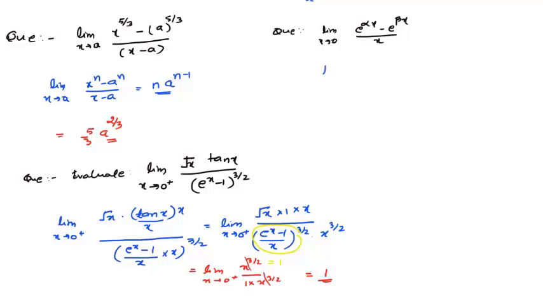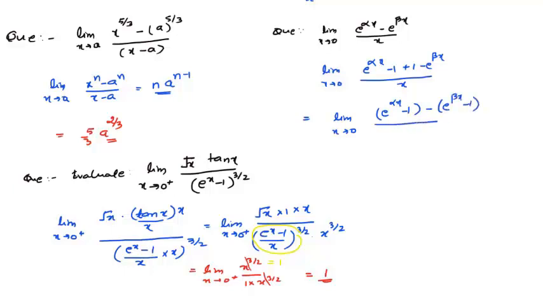So we'll add and subtract 1 from the numerator. We can write this as (e raised to power alpha x minus 1 plus 1 minus e raised to power beta x) whole divided by x. Again if we rewrite it, we can write it as e raised to power alpha x minus 1, and from both these, if we take minus common, we can write e raised to power beta x minus 1, whole divided by x.